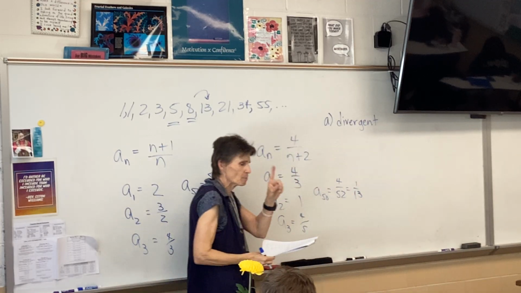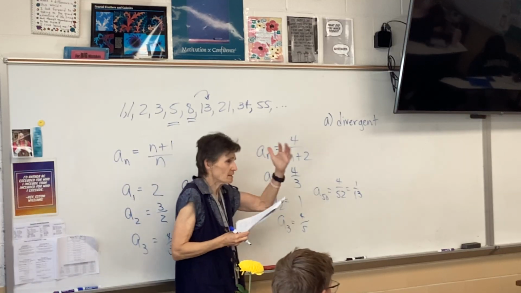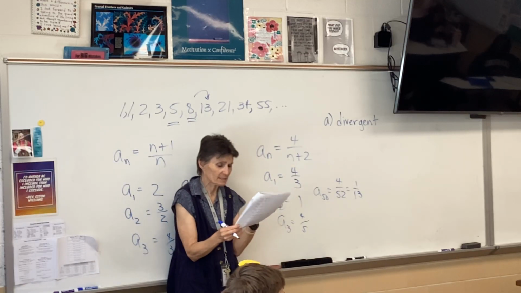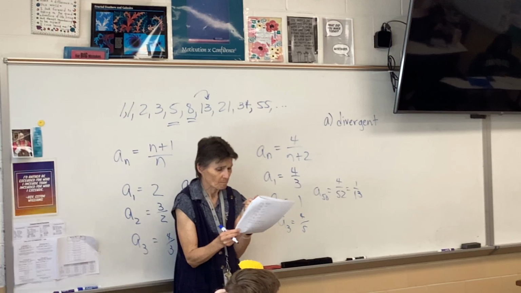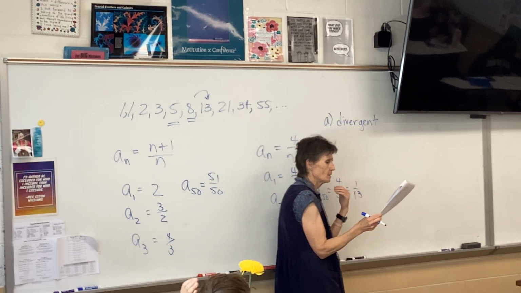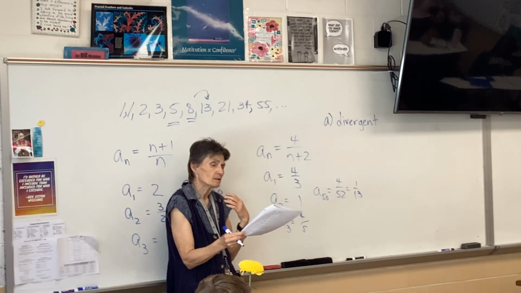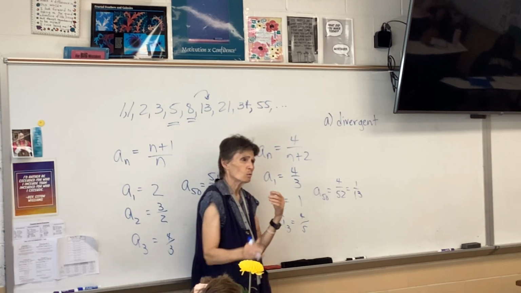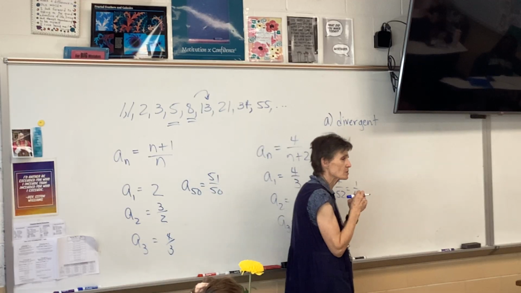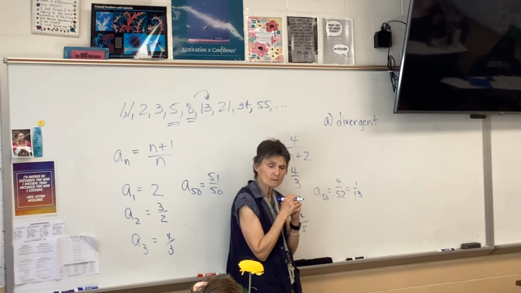And again, we're gonna spend more time talking about this, but let's just kind of intuitively figure a couple of these out. The next sequence, 1/2, 1/4, 1/8, 1/16, 1/32. What's going on with those numbers? They're getting smaller and smaller.